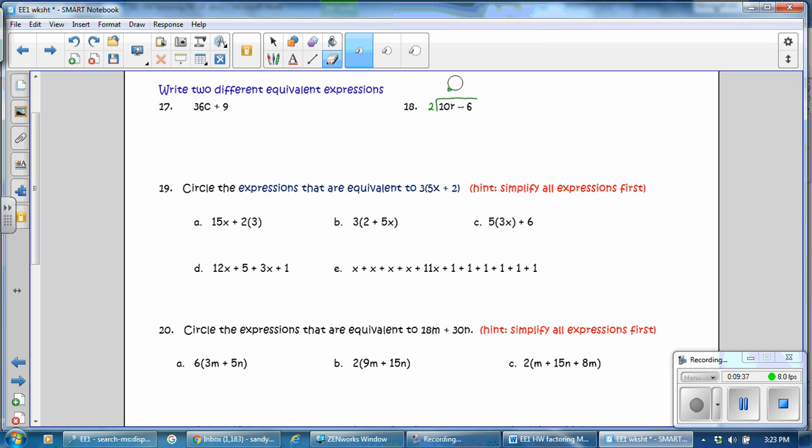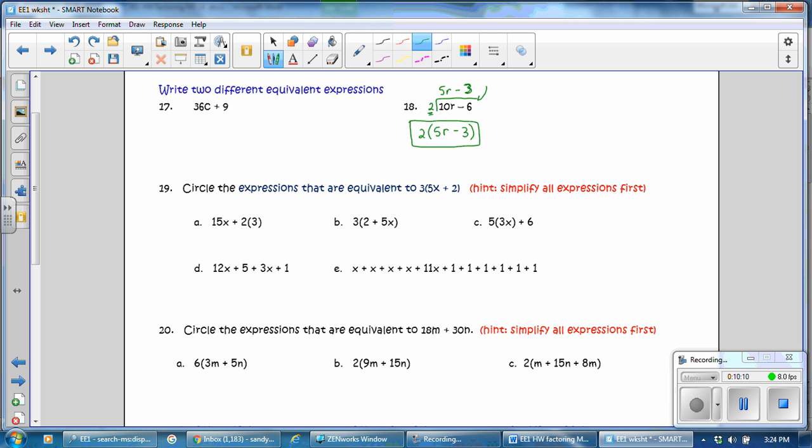So I'm going to divide both of those terms by 2. 2 times 5r is 10r, and then bring up the minus sign, and 2 times 3 is 6. Again, 6 divided by 2 is the 3, and 10r divided by 2 is the 5r. So I'm rewriting this sum as a product. So that's going to be 2 times the quantity 5r minus 3. So that's one of my expressions that is equivalent.